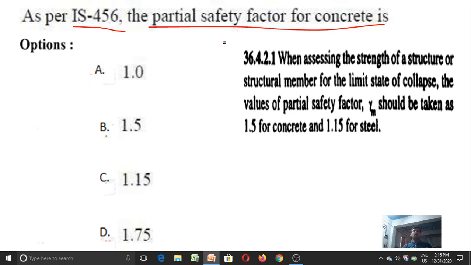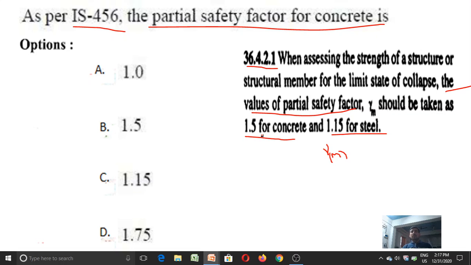If you refer to your code book, that is IS 456 2000, in clause number 36.4.2.1, there is a condition that the partial factor of safety, that is gamma m. Gamma means a partial factor, and m refers to materials. So gamma m should be taken as 1.5 for concrete and 1.15 for steel.